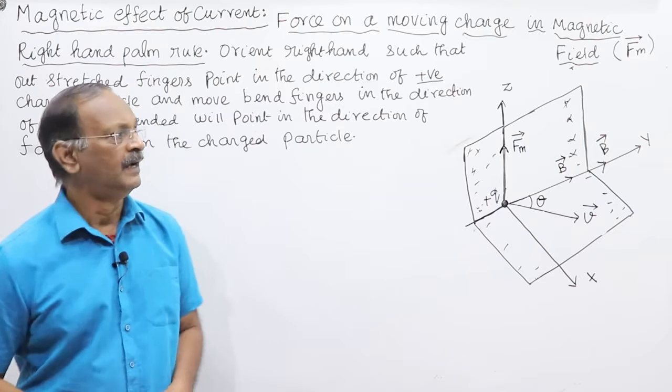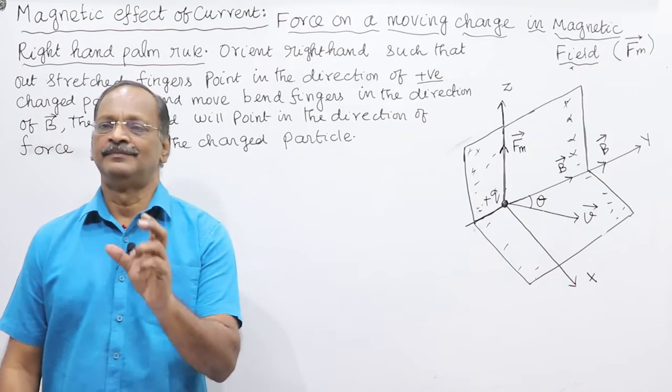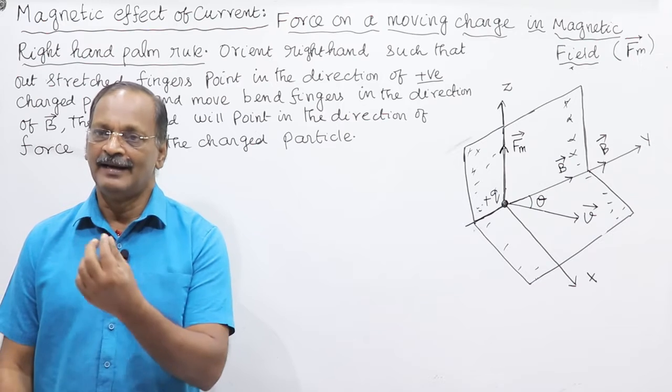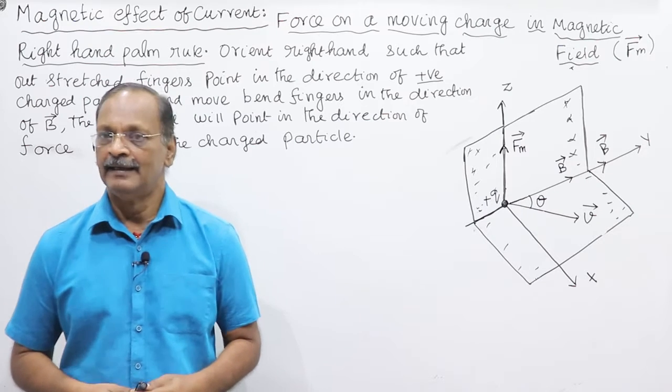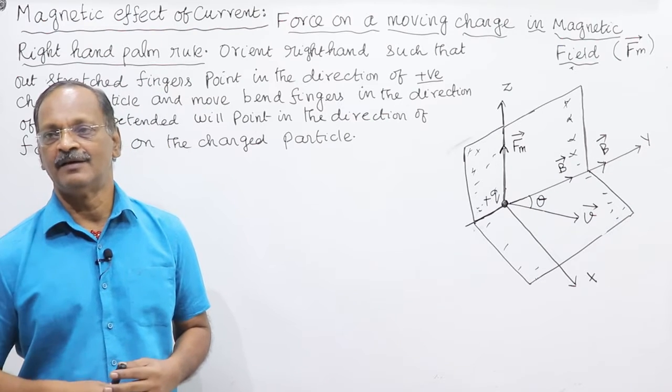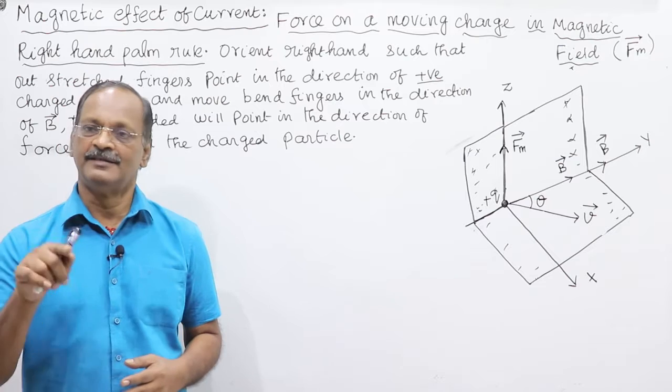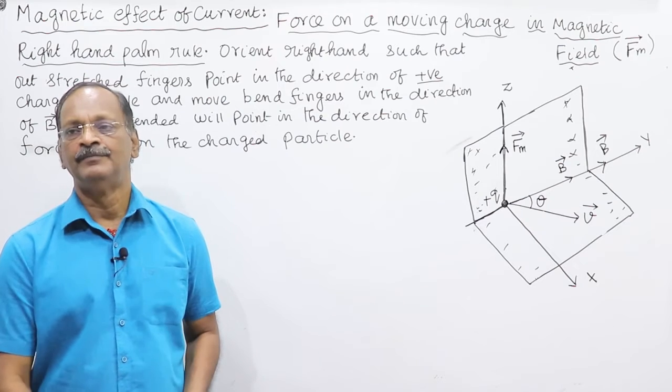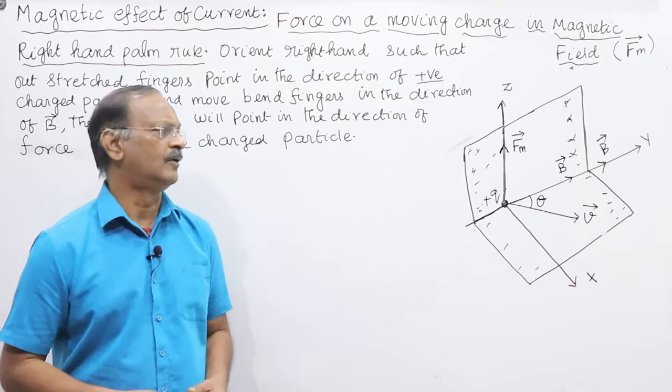As we have seen, a force acts on a charged particle when it moves in a magnetic field. That force we call the magnetic force on a charged particle, or the Lorentz force.